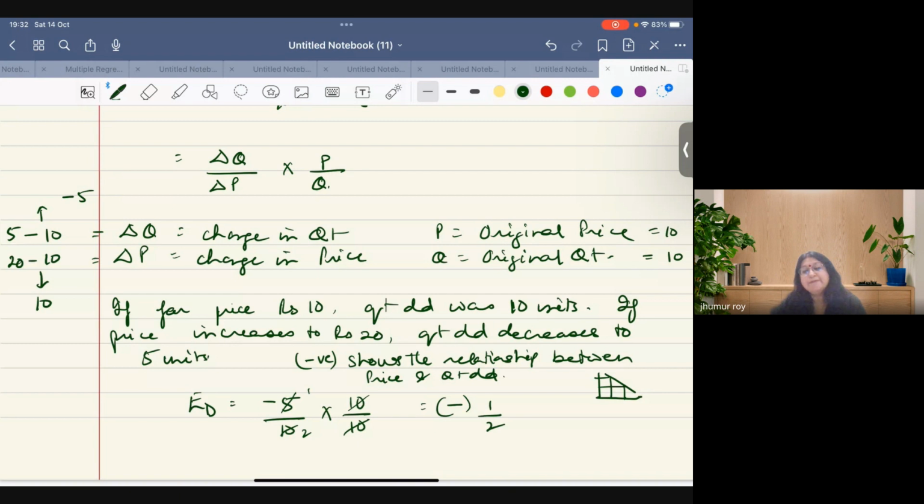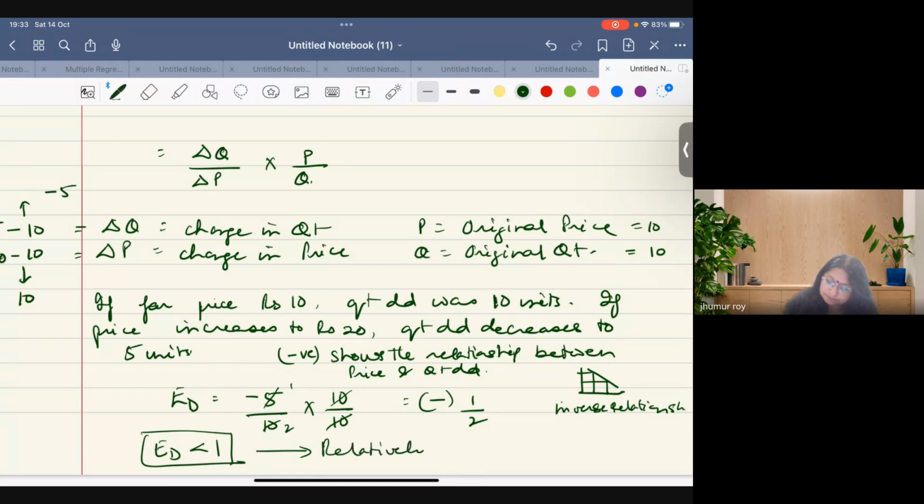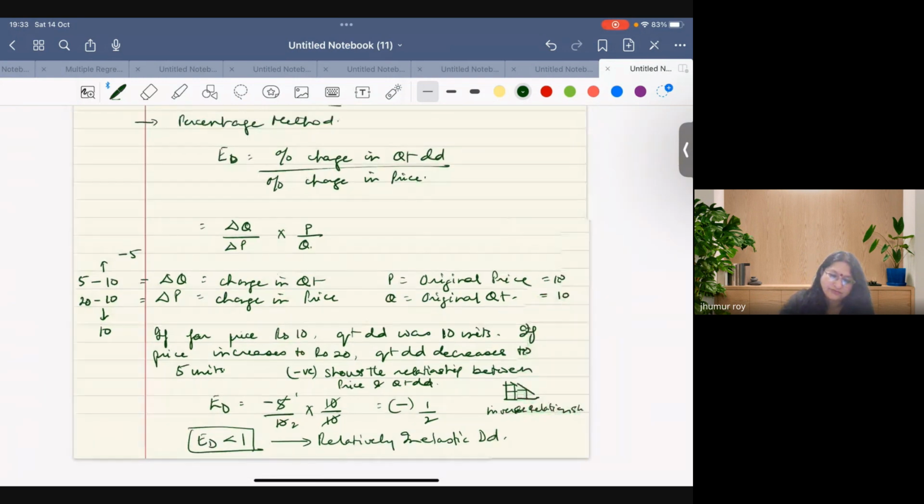That's why we say it is an inverse relationship. So this negative sign shows us the inverse relationship. Any calculation that you do about elasticity of demand will always be negative. So in this case, we will say elasticity of demand is less than 1, so it is relatively inelastic demand.